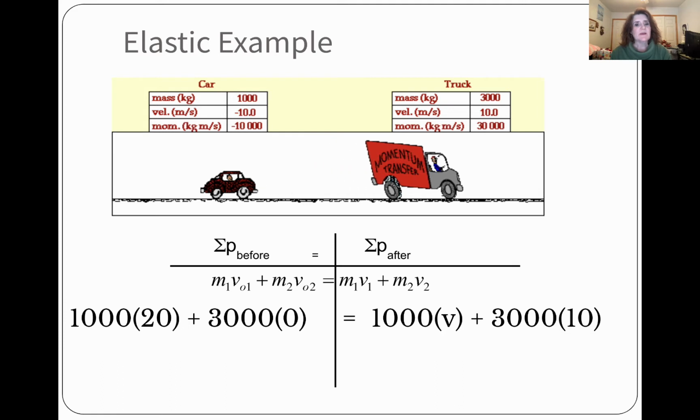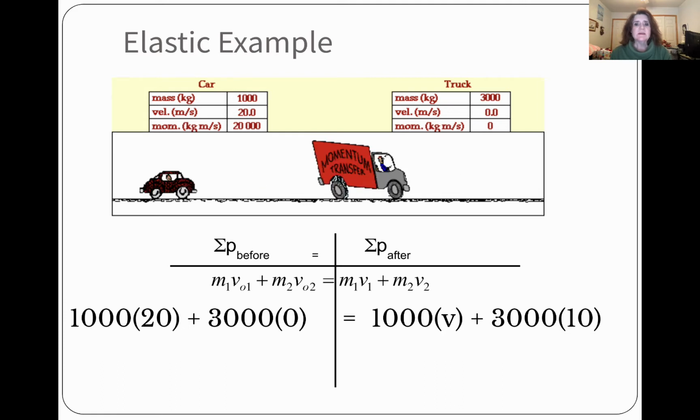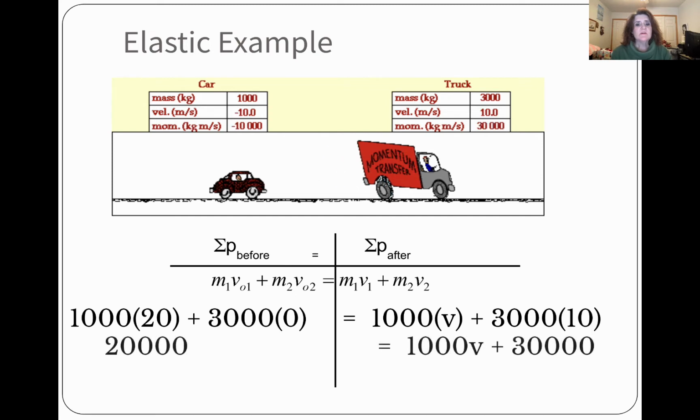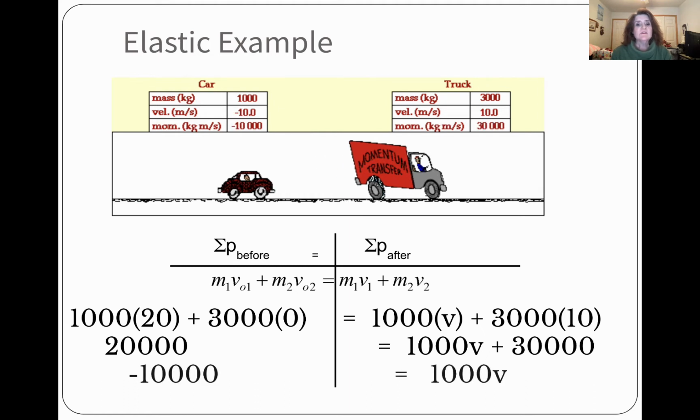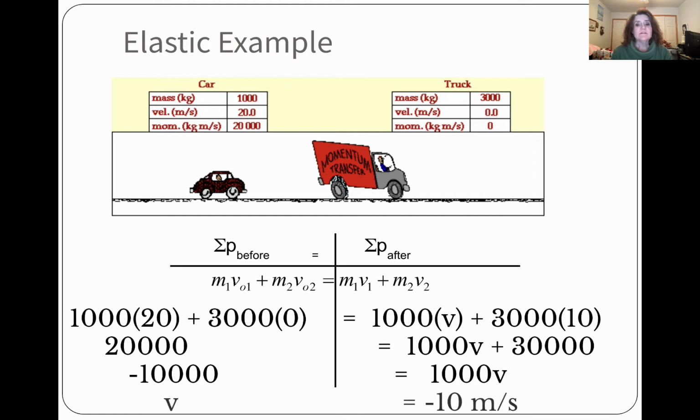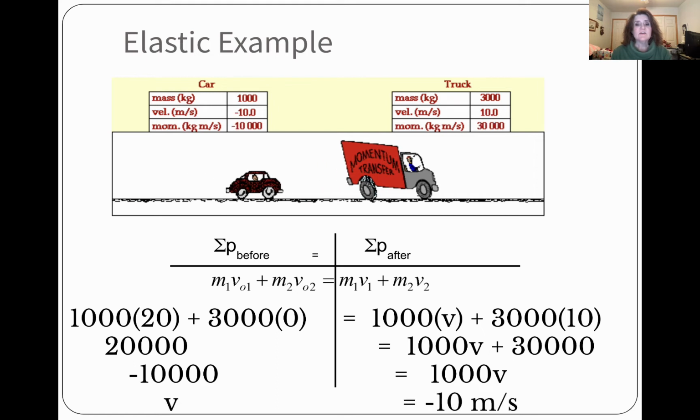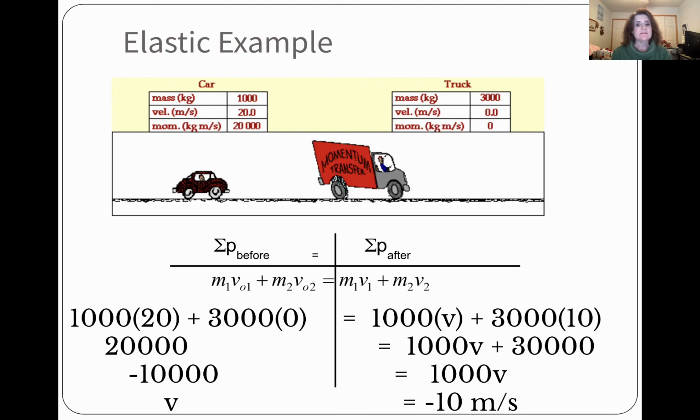Clearly, it bounces backwards, but at what velocity? So the momentums are 20,000. The total momentum of the system is 20,000. Doing basic algebra, we get the velocity of the car afterwards to be a negative 10 meters per second.